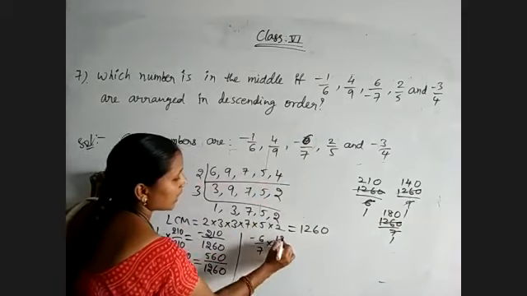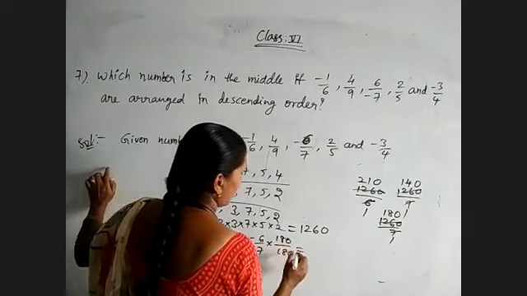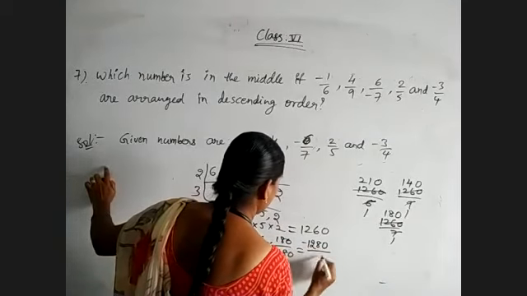So 180 by 180, which is minus 1080 by 1260.